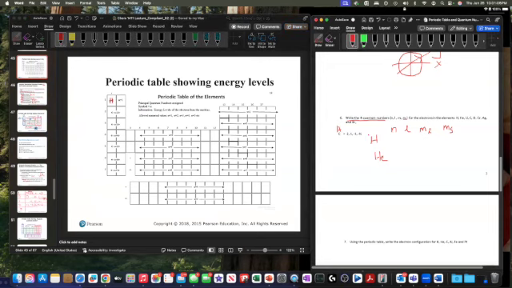I usually write this disclaimer in class: the atoms in the periodic table are positioned where their last electron is in the atom. So the quantum numbers that we are writing here correspond with the last electron, not all the electrons.